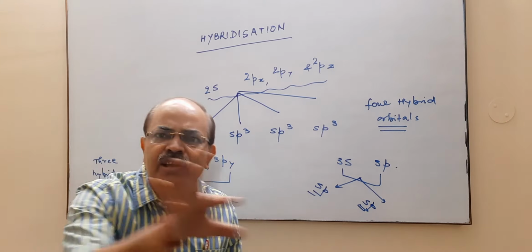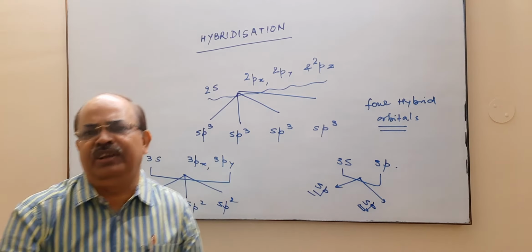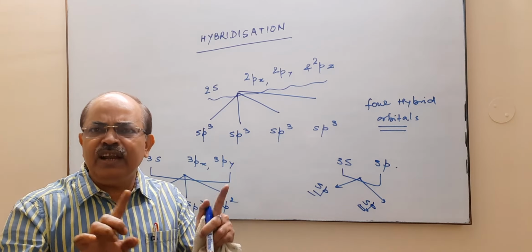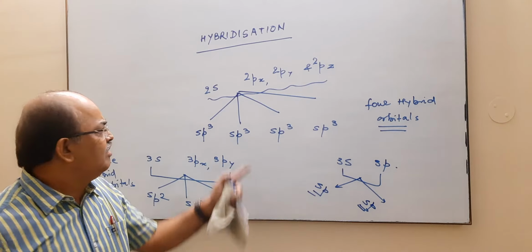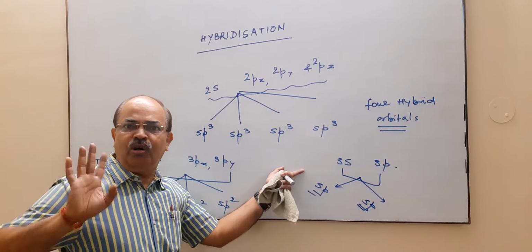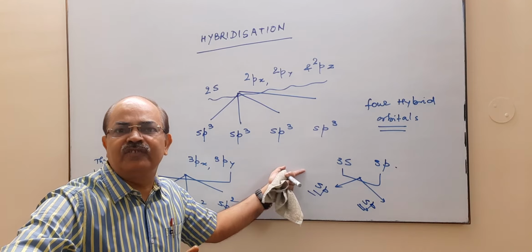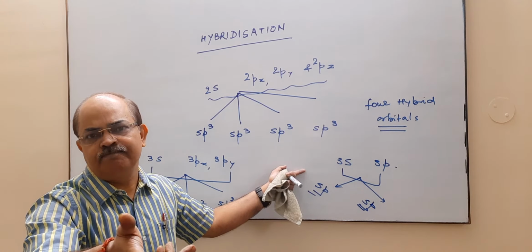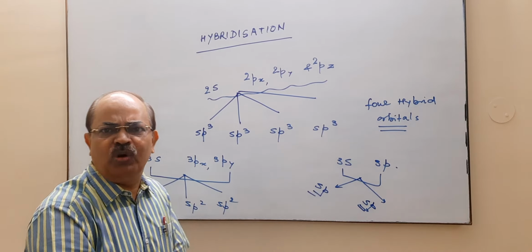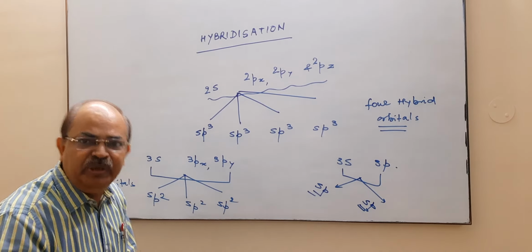Now when hybridization occurs, the different atomic orbitals like 2s, 2px, 2py, 2pz, 3s, 3px, 3py slightly differ in their energy. उनका एनर्जी थोड़ा डिफर करेगा, but when they form hybrid orbitals, then their energy will equalize. What does it mean?